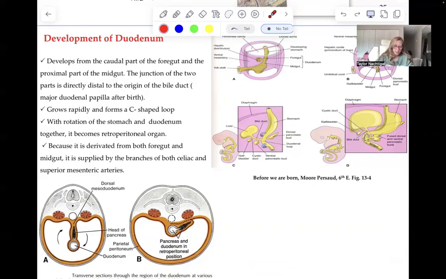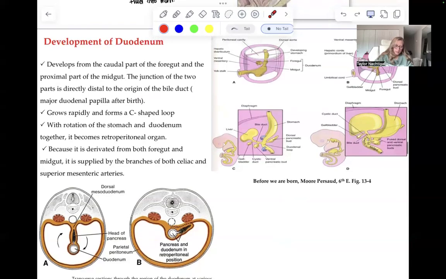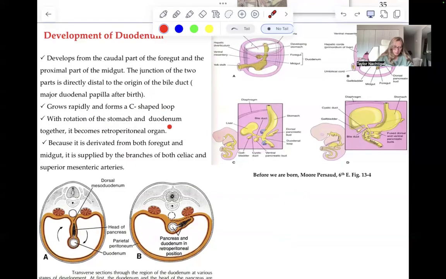The junction of the two parts is directly distal to the origin of the bile duct, the sphincter of Oddi, as we've already said. That's sort of our cutoff point between foregut and midgut. The duodenum is going to grow rapidly and form a C-shaped loop. With rotation of the stomach, because remember we saw it rotate 90 degrees, it goes from the stomach facing you this way to being rotated to the side.